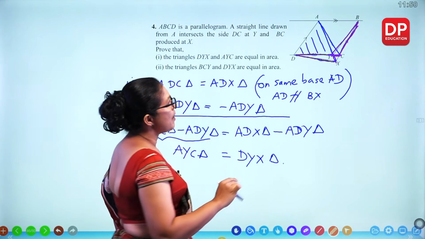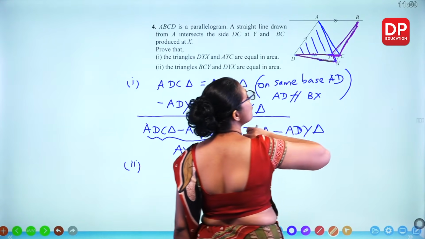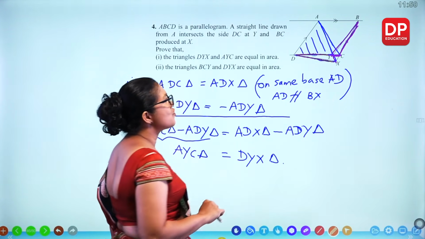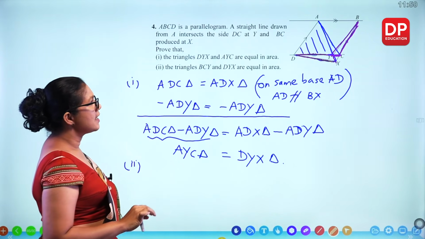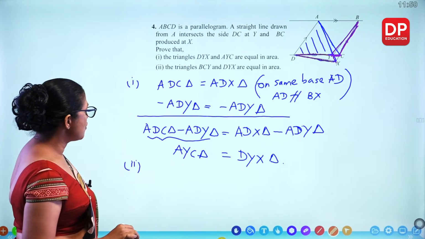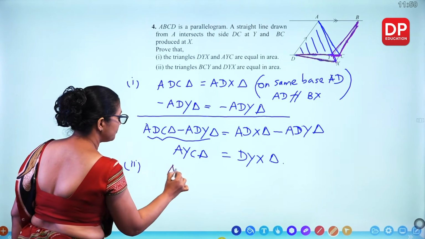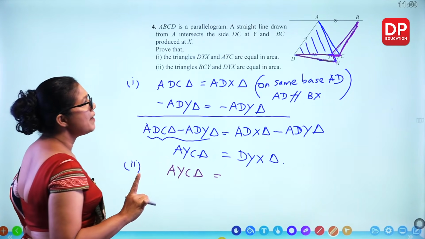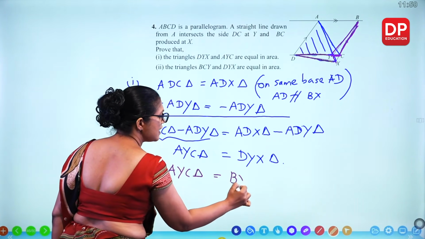From the previous part, we found these two are equal. Now look carefully at these two. Triangle AYC is equal to triangle BYC. What's the reason?